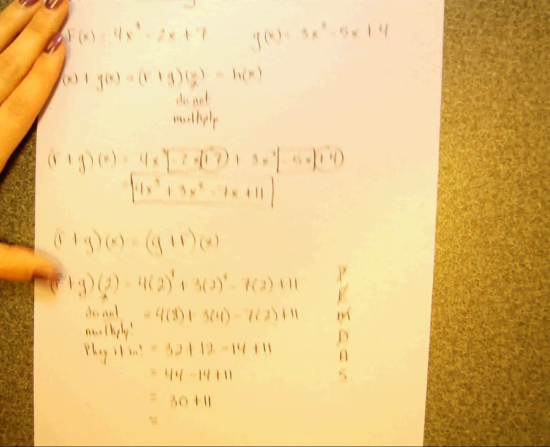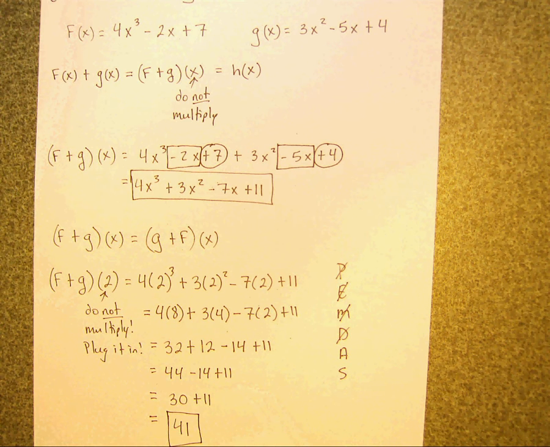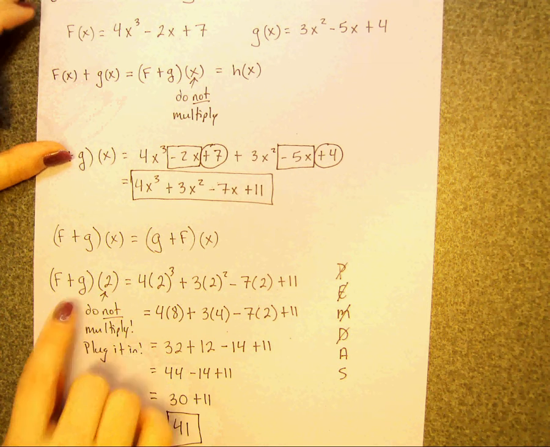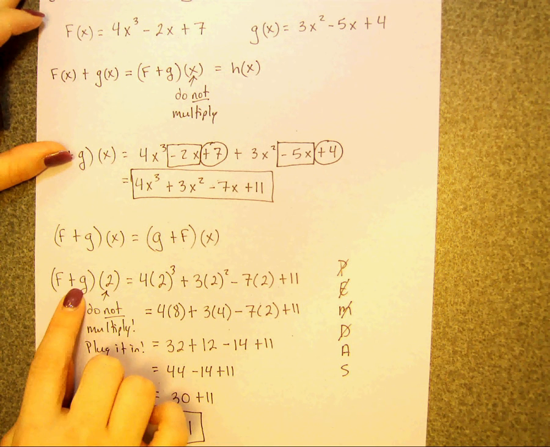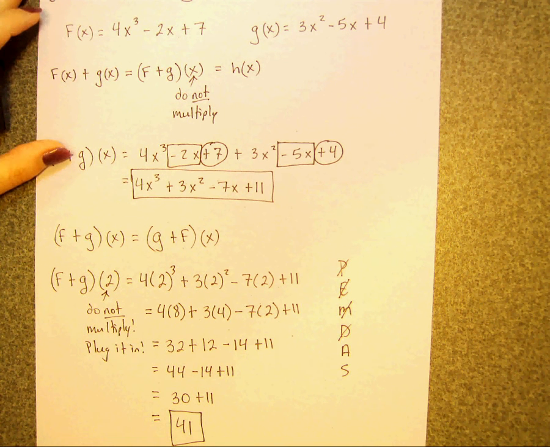So finally, 30 plus 11 gives me 41. If I have a number inside the parentheses, that means whatever I got when I added the two functions together, I just want to plug that number in and see what I get.